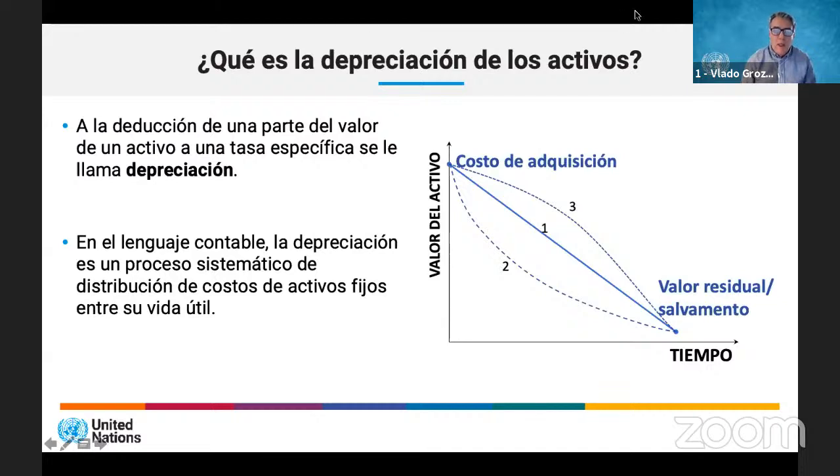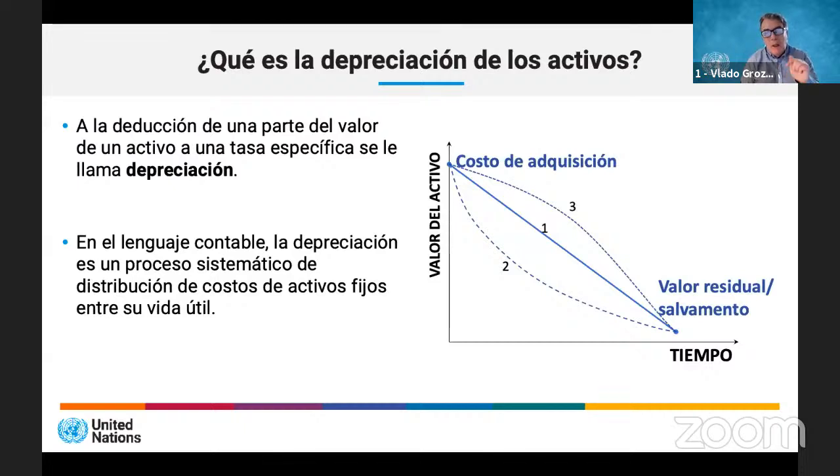It can be linear depreciation, as line 1 on the graph, which means that the accounting and financial definition of this term relates to the expected useful life of the infrastructure asset, and depreciation may be calculated on this basis as an equal loss of value in each year, or as a percentage of its asset value at the start of each year.